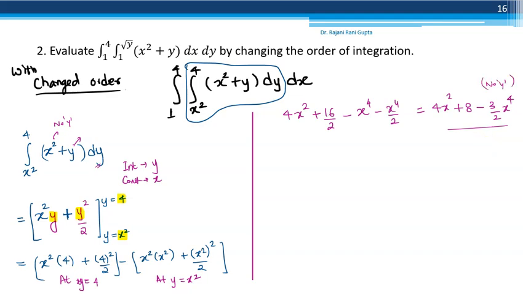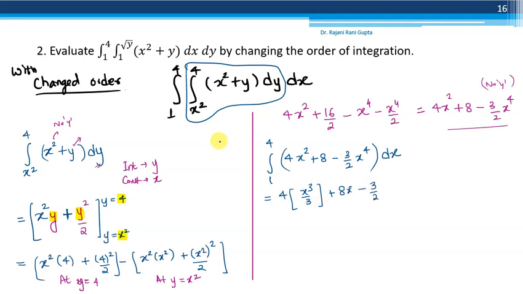Okay, so let's now substitute this value in the other integral. It is 1 to 4, 4x squared plus 8 minus 3 by 2 x power 4. Integrate with respect to x. It is a simple definite integral for the function of one variable. So when you integrate it, you will get 4 x cube over 3 plus 8x minus 3 by 2 x power 5 over 5.